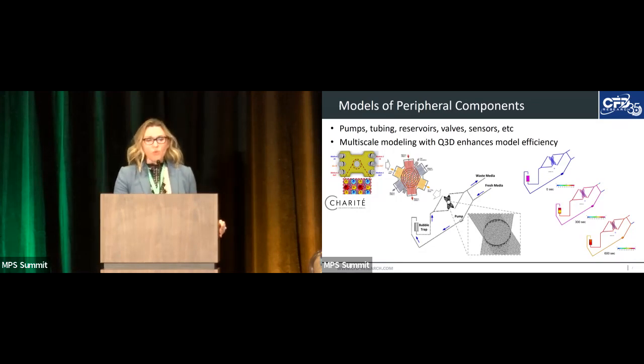So we've worked on integrating those pieces, and here we can show some of our multi-scale modeling capabilities to enhance our model efficiency. Through a previous collaboration with Charité, they developed a liver-on-chip model, and we were trying to simulate APAP distribution throughout the chip.